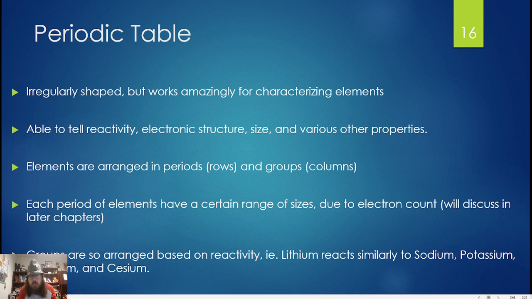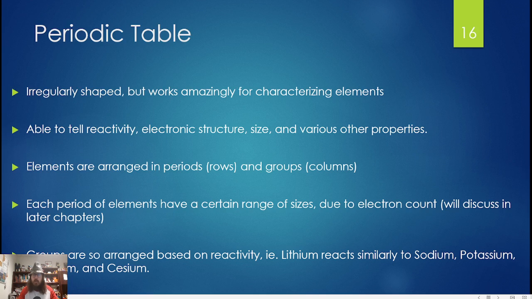It was put together because reading the table tells us a lot of information about the elements. By looking at a table, you can know about their reactivity, their electronic structure, their approximate size, and some various other properties. When we arrange things in the periodic table, they're arranged in periods, which are our rows, and groups, which are our columns.